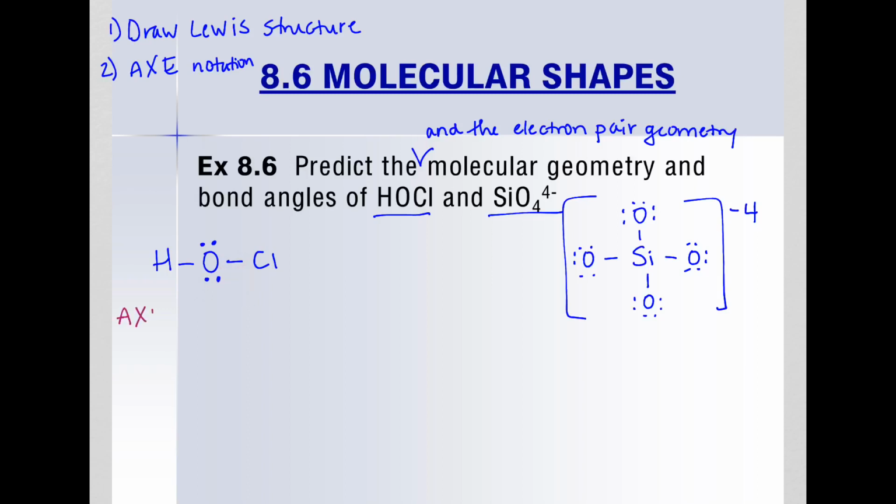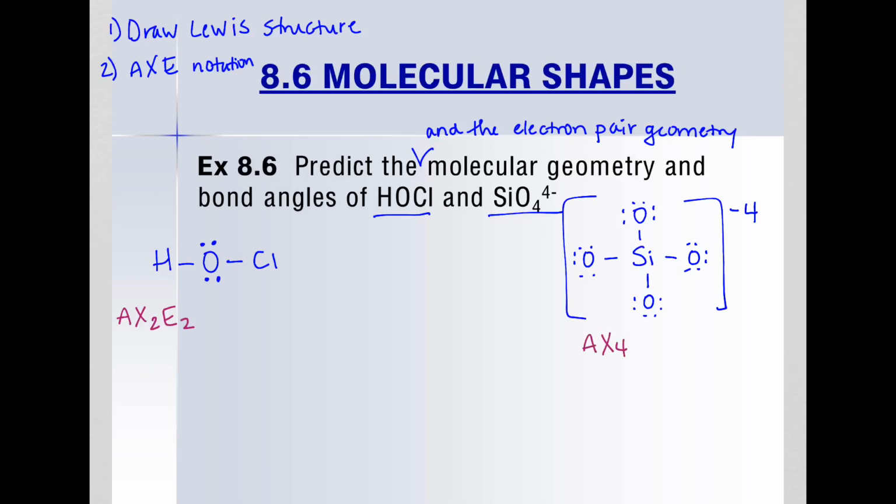So we would say that this has an AXE notation of AX2E2. Looking at the other one, I see 1, 2, 3, 4 atoms attached to the center and no lone pairs on the center.